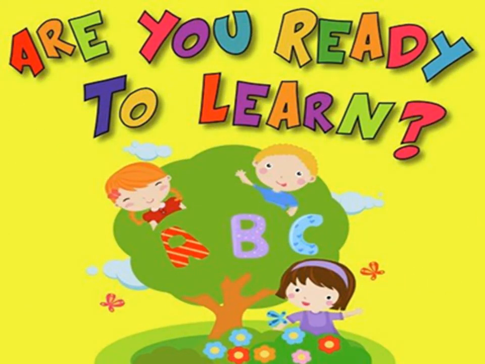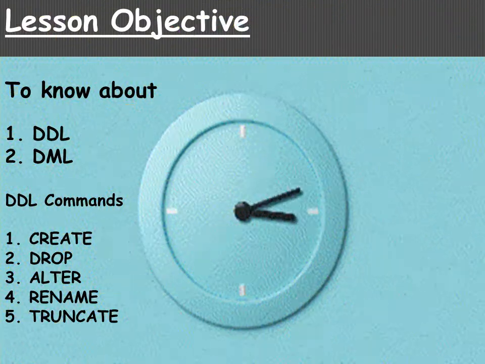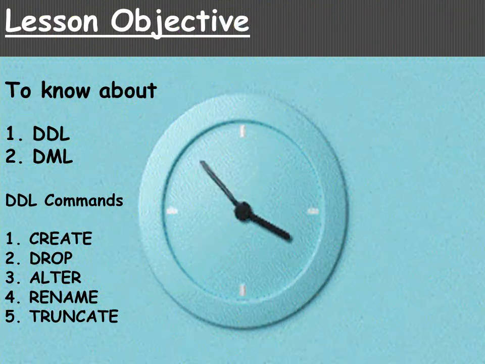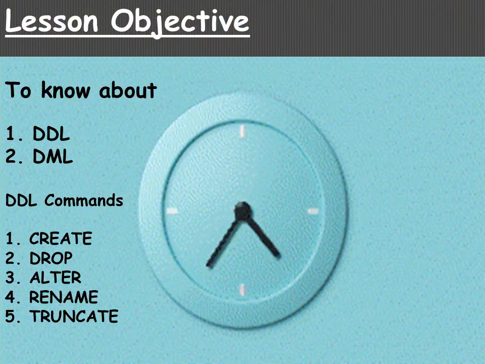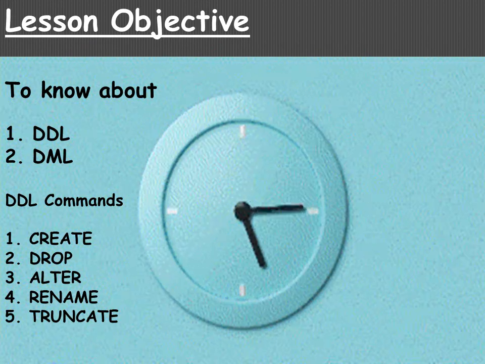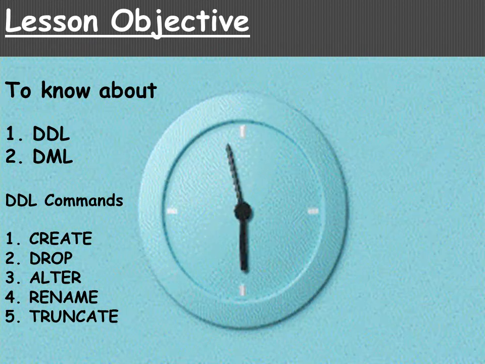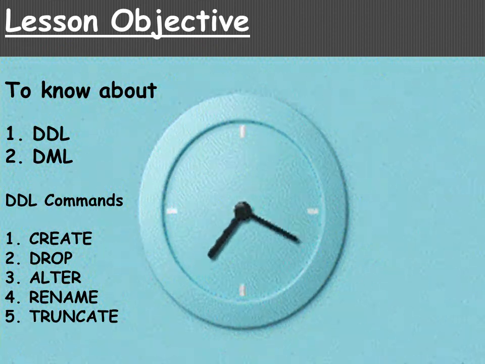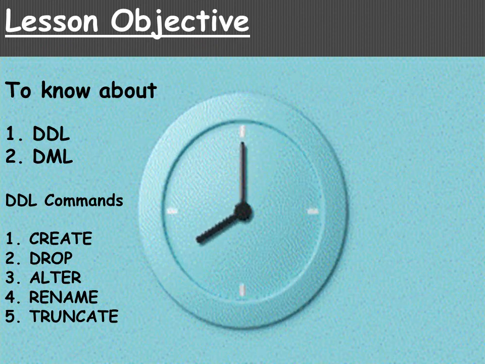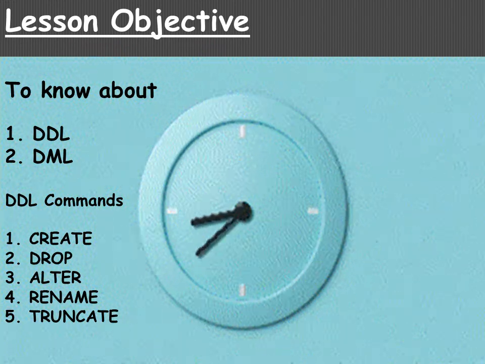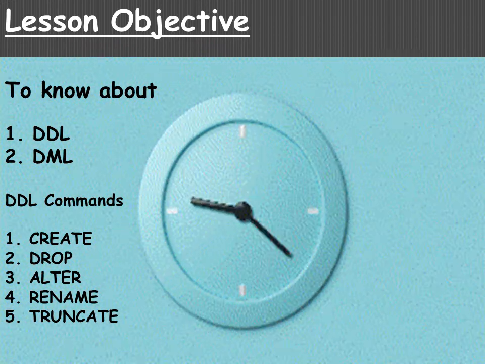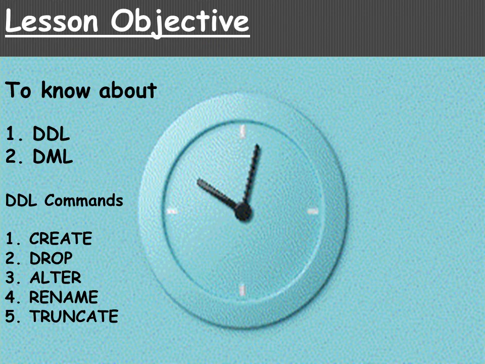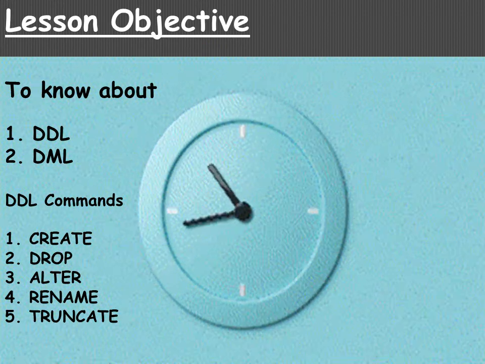Are you ready to learn? Let's start. As you know, we have started discussing database, and we learned many things about it. Whenever you are using the database, you can define the structure of the data and manipulate the data using some commands.